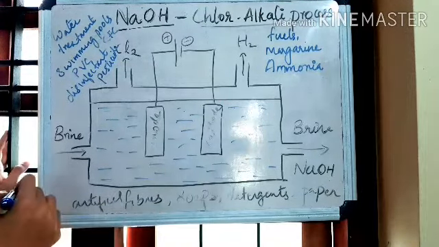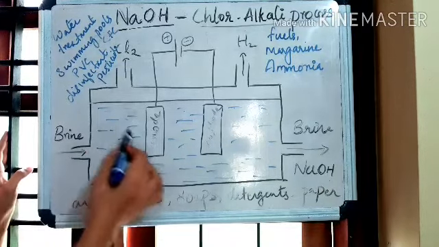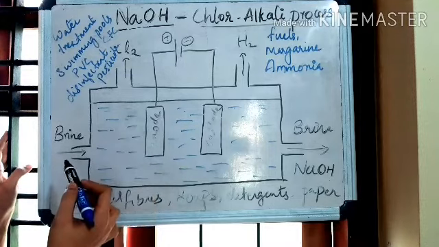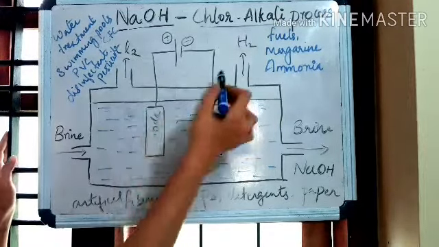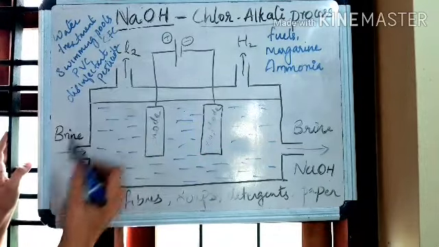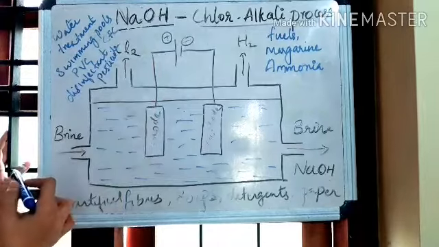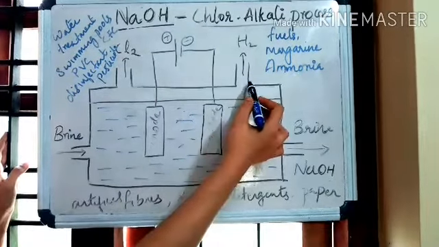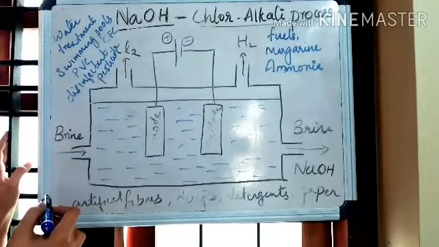When electricity is passed through it, what will happen? Here we have the sodium chloride solution. You can see that we have two outlets at the top. Through the left outlet, chlorine gas will be evolved, and through the right outlet, hydrogen gas will be evolved.